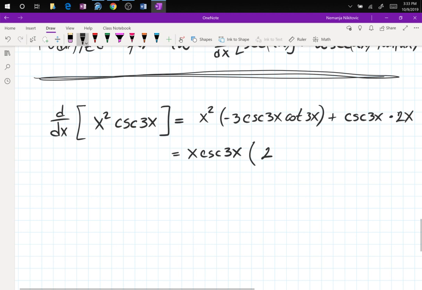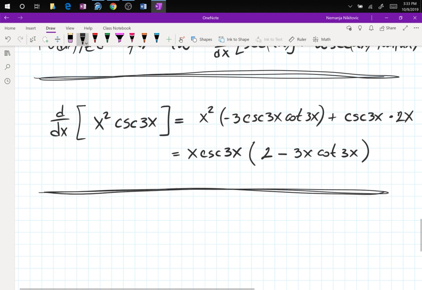And now I go minus, and from the first term I have 3x cotangent 3x, and that would be the simplified version. From which point on you set each one of these terms equal to 0, and then find values of x, and have fun with that.